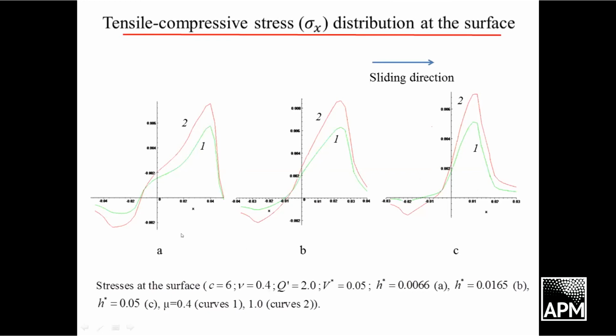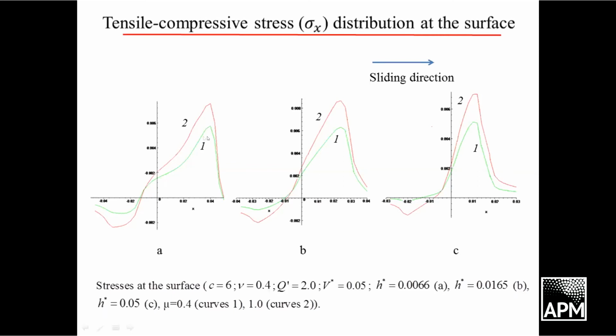And we can see here that if we increase the layer thickness, then we also increase the maximum value of contact pressure. But it is not the same for maximum values of compressive, which is positive, and tensile, which is negative, pressures at the surface.